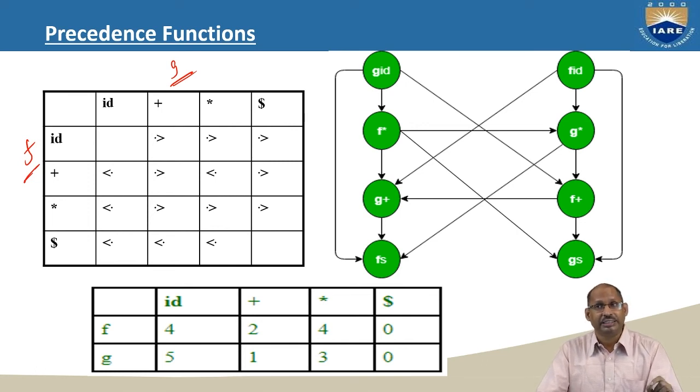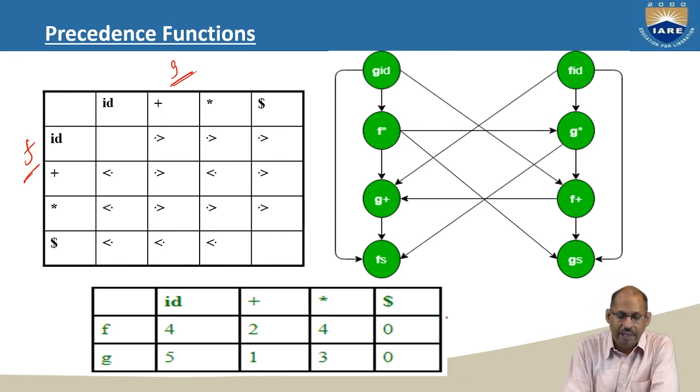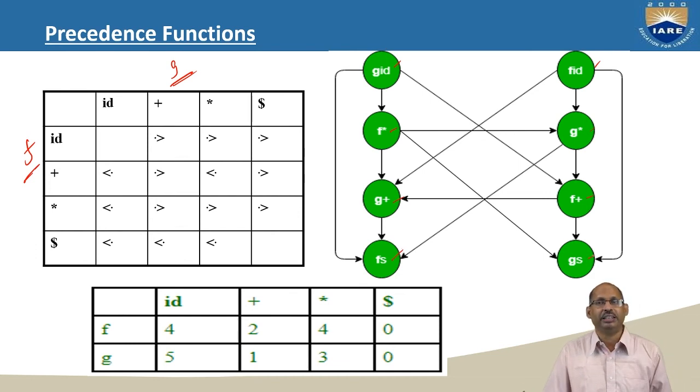That largest size will be the integer representation in the below table. Right? So here FID has higher precedence than G plus, G multiplication and G dollar. So here writing GID, FID, F multiplication, G multiplication, G plus, F dollar, G dollar. So we have represented all the terminal symbols as nodes.